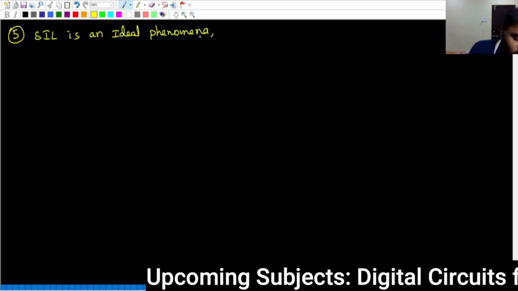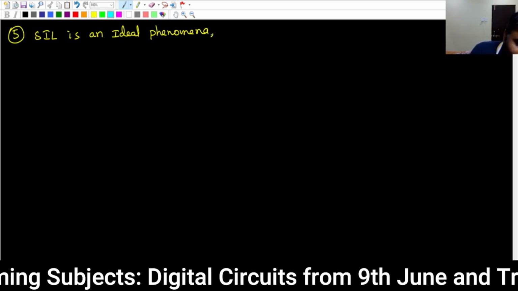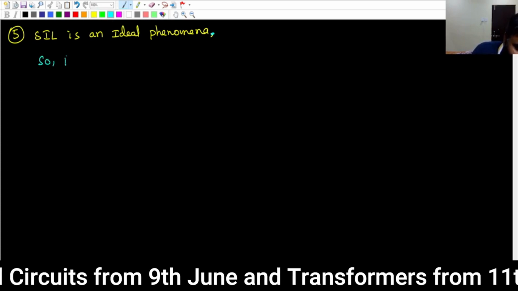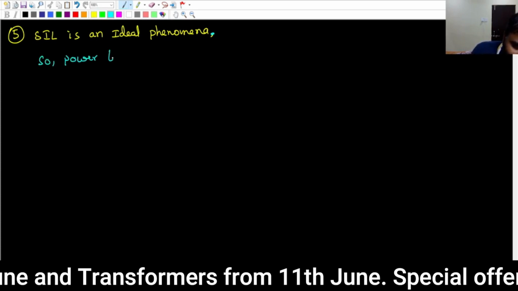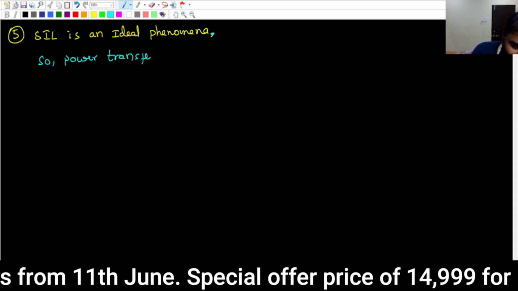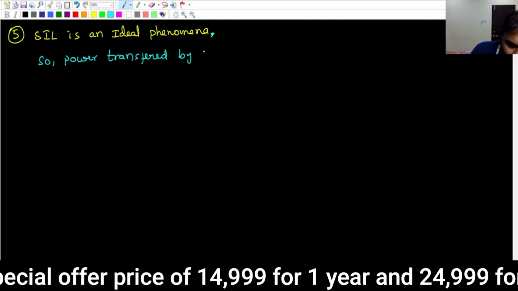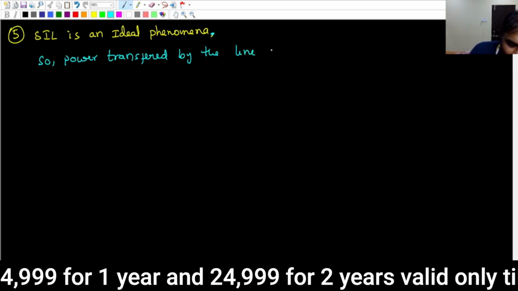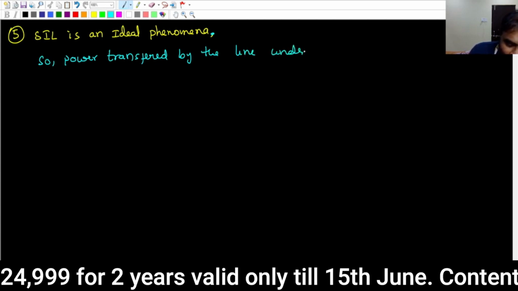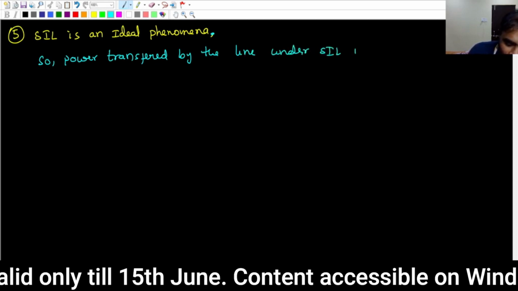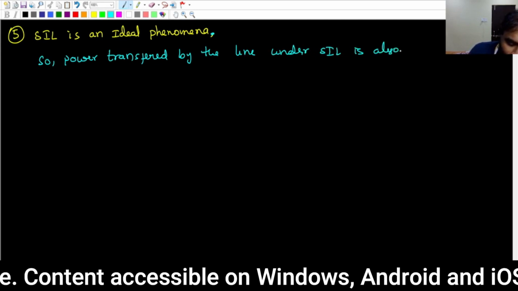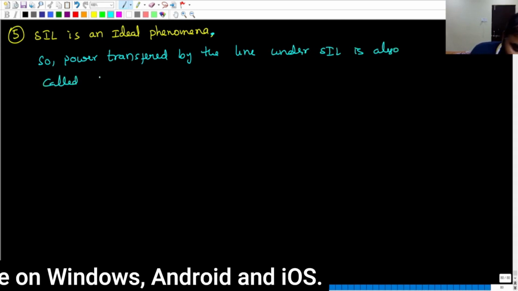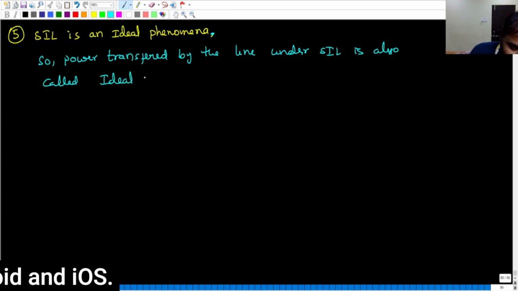So the power transferred by the line under surge impedance loading is also called the ideal power transfer capacity of the line.